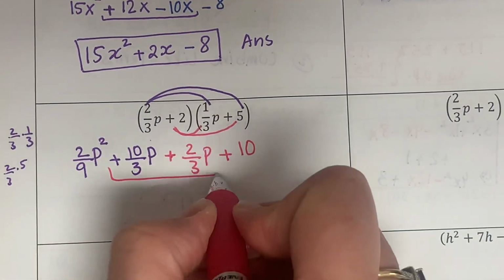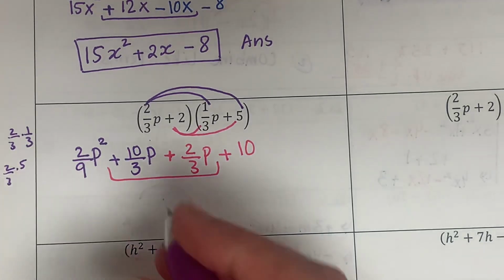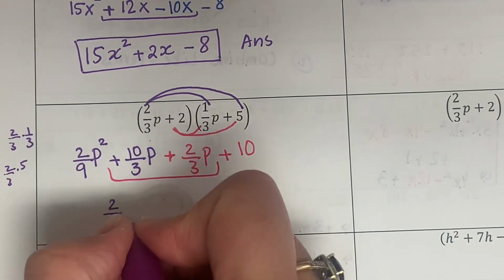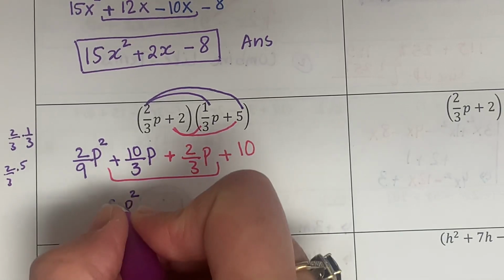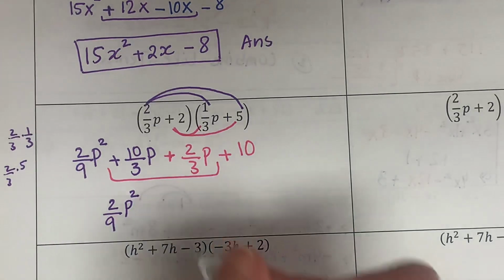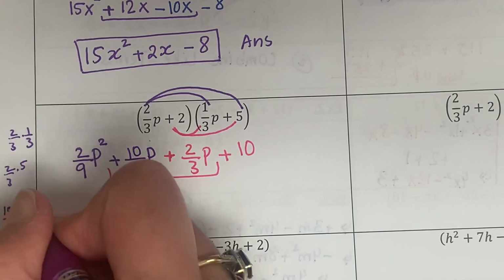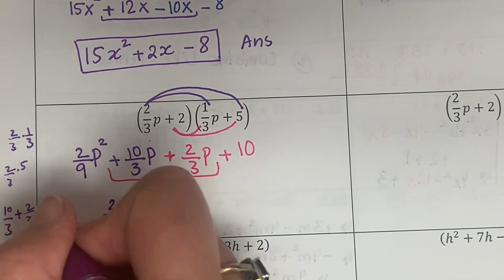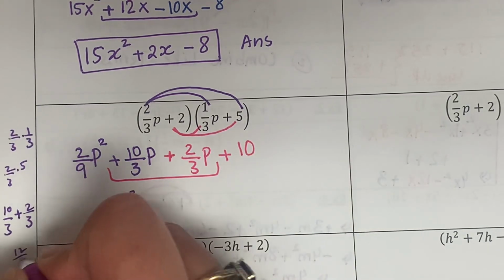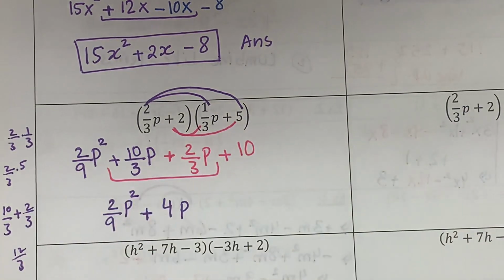I have two terms that are alike each other, and I'm just going to add them up. 2 over 9 p squared, because there was nothing to add or subtract, so just copy it down. And then add the 10 over 3 plus 2 over 3, which is 12 over 3, and it is actually 4p together.